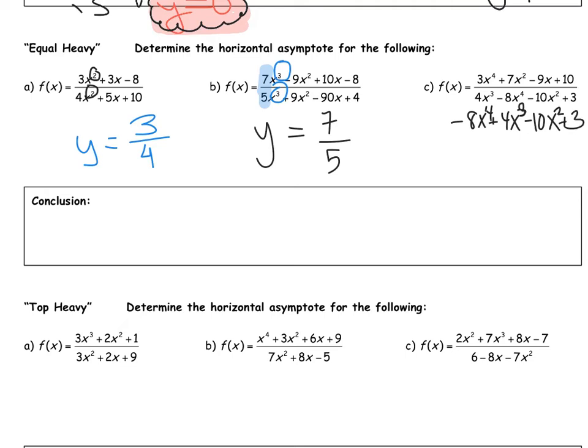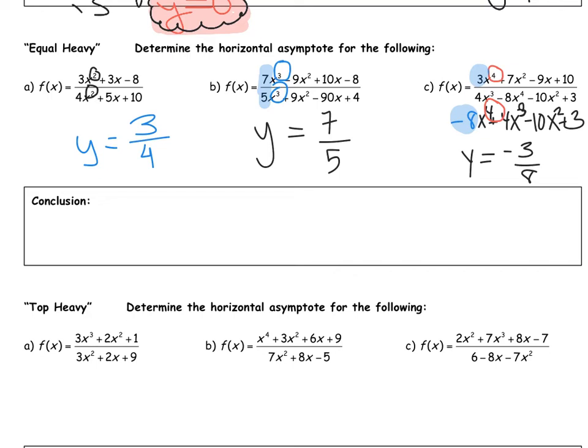Now again, the highest degree of the numerator is 4, and the highest degree of the denominator is 4. We take the ratio of the leading coefficients, which would be 3 and -8. So my horizontal asymptote will be at y equals -3 over 8.